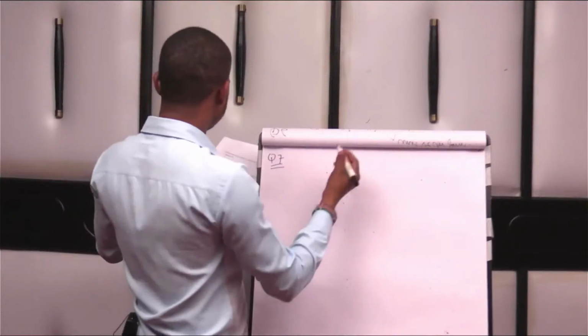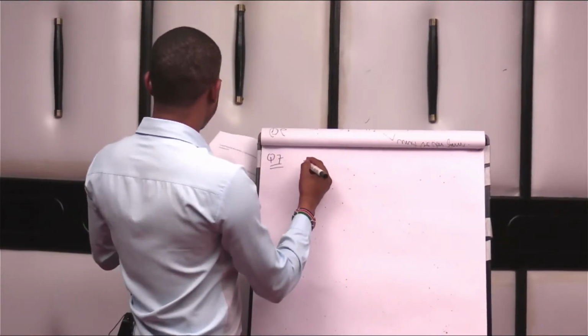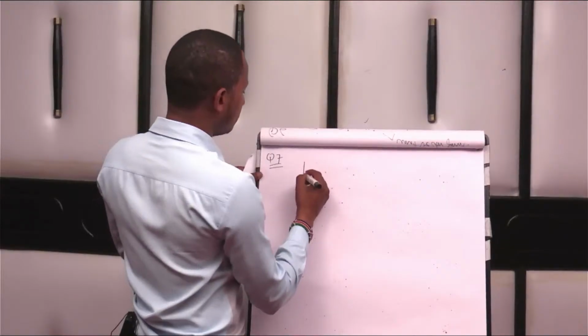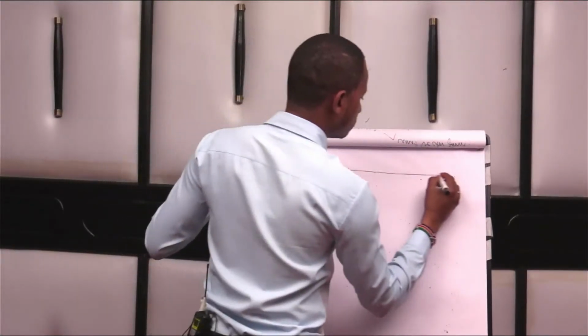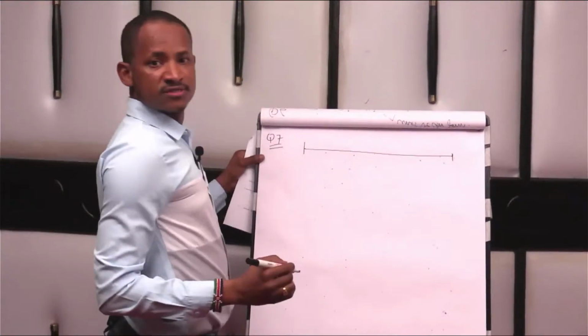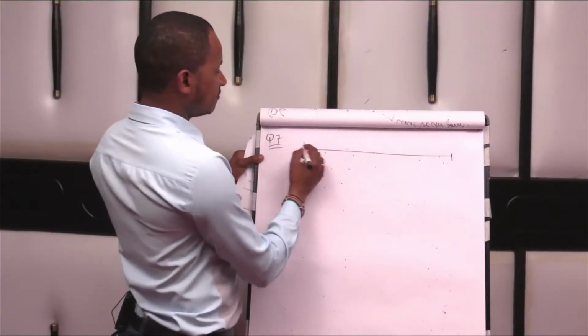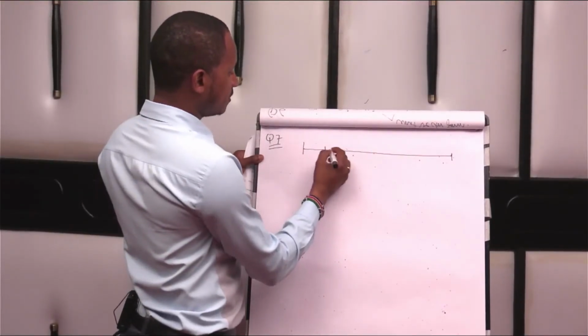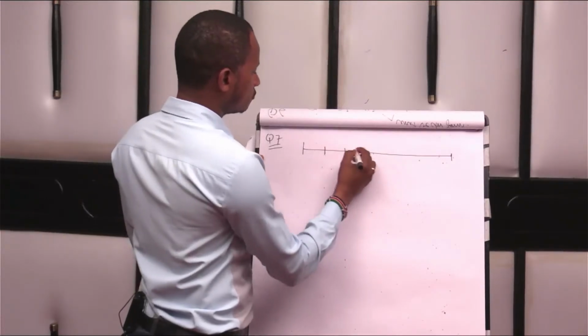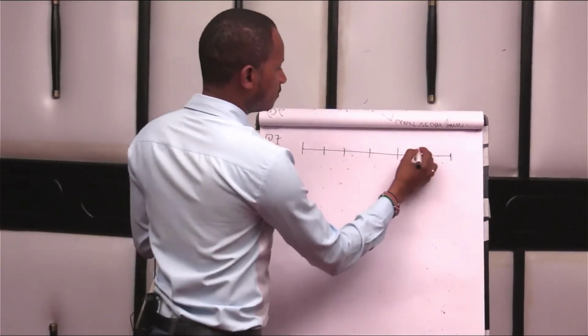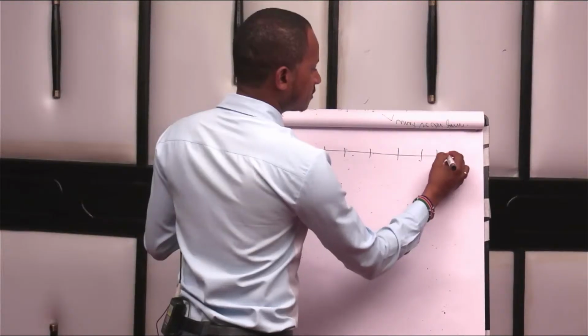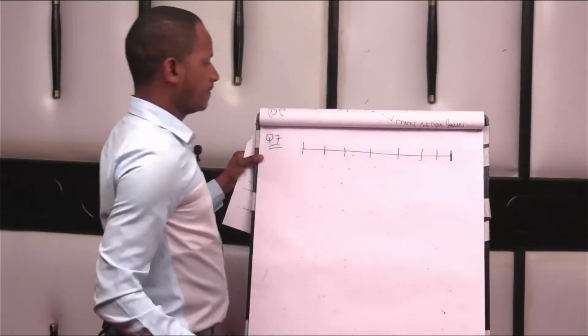So just draw the line. You are told a point P divides line AB in the ratio 7 to -5. So divide this in the ratio of 7: 1, 2, 3, 4, 5, 6, 7.